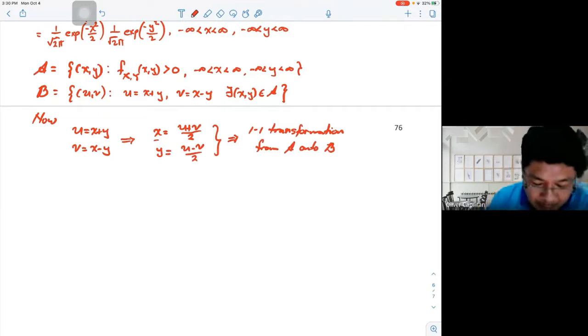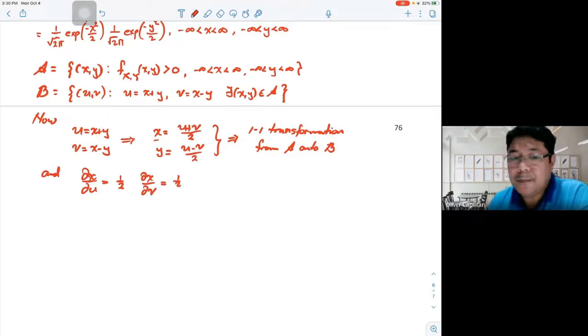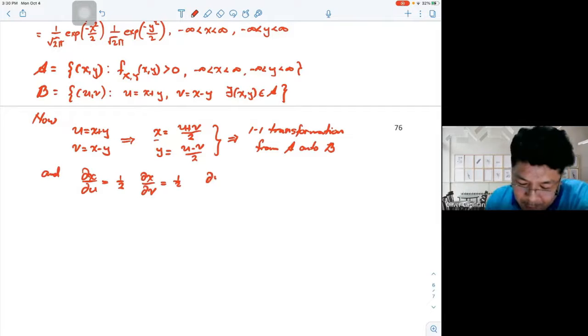Okay, the partial derivative of x with respect to u, the answer would be equal to 1 half. Partial derivative of x with respect to v, the answer is also equal to 1 half. The partial derivative of y with respect to u, the answer is equal to 1 half. The partial derivative of y with respect to v, we have negative 1 half.